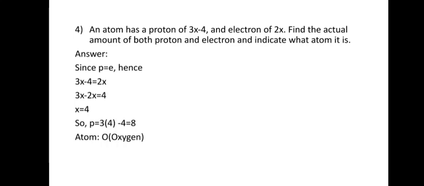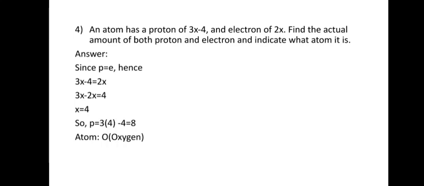Number 4, we have an atom that has a proton of 3x minus 4 and an electron of 2x. Find the actual amount of both proton and electron and indicate what atom it is. To answer this, since proton equals electron, 3x minus 4, which is the proton, equals 2x, which is the electron.